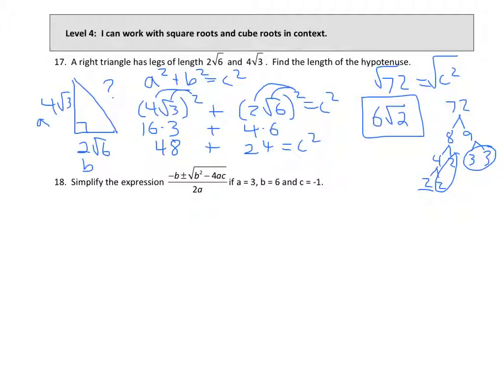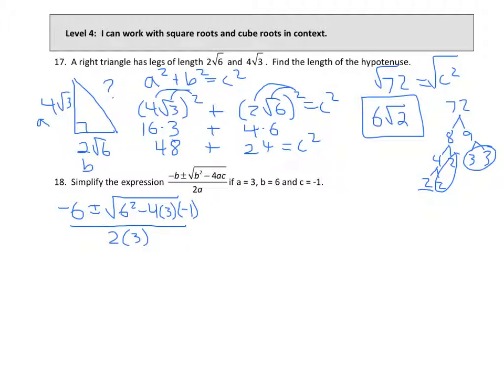On this next application that involves a radical, we're using something called the quadratic formula. And we're just plugging in these numbers, a, b, and c, and simplifying. So just following the formula, I have a negative sign, and then I plug in b, which is 6, so we get negative 6, plus or minus the square root of b squared, so 6 squared, minus 4 times a, which is 3, times c, which is negative 1, over 2 times a, which was 3.